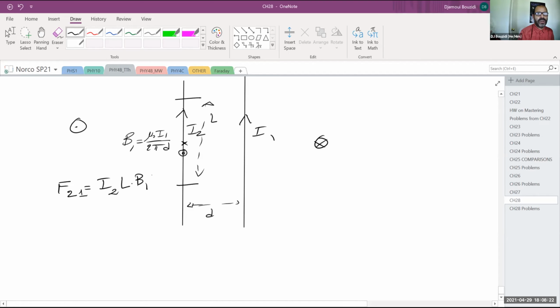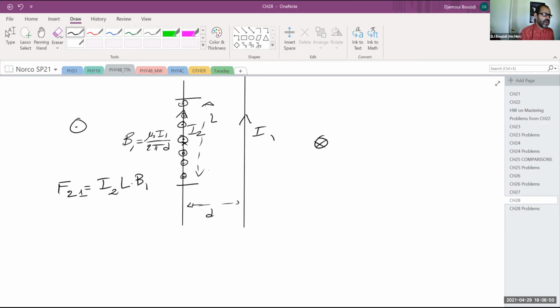This value, the one that I calculated, is coming out of the screen everywhere along this segment of the wire. It's the same quantity because all it depends on is how far I am from the wire. So we have a wire that is subject to a magnetic field due to wire 1 that we can calculate. We calculated it before in chapter 28. And it has a current running through it, which is this way.